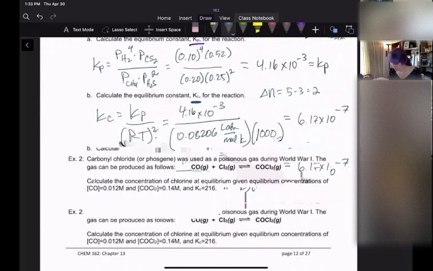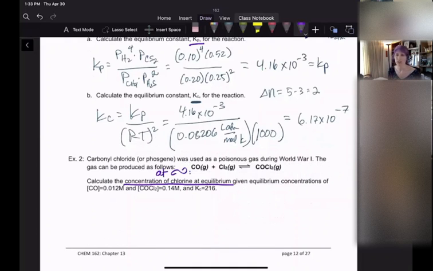So for this one, we want the concentration of chlorine at equilibrium. So we're given the CO at equilibrium, and I like this little symbol in my own work. I don't always use that, but it's like a Mobius that doesn't connect, and that's how in my notes I just have at equilibrium. So we have 0.012 molar, and we've got 0.14 molar, and we've got our Kc value.